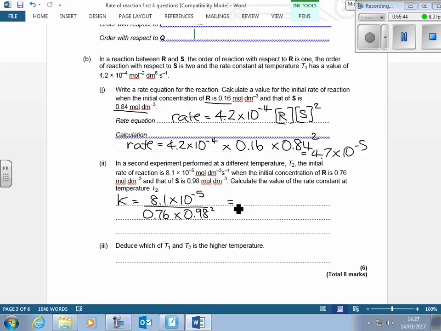Yeah, it's good practice in getting those right. Brackets all over the place solves a lot of problems. So what we should be getting coming out of this, according to the answer sheet, is 1.1 times 10 to the minus 4. Okay.